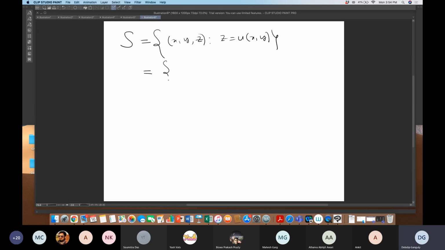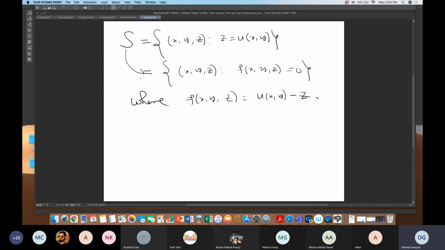You can write this as the set of x, y, z such that f of x, y, z equals 0, where f of x, y, z is nothing but u of x, y minus z. Clear? So now you convert this graph to a level surface for some f which looks like this.